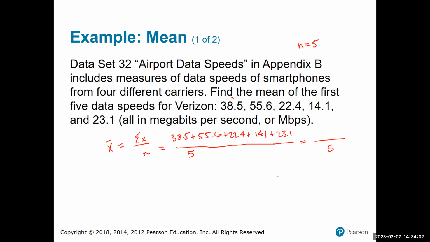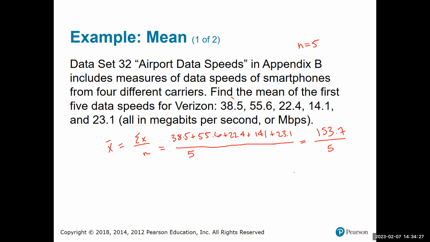So 38.5 plus 55.6 plus 22.4 plus 14.1 plus lastly 23.1. I get 153.7. This is how I would like you to work these out. So 153.7, we'll divide that by 5, and we're going to round to 2 decimal places.